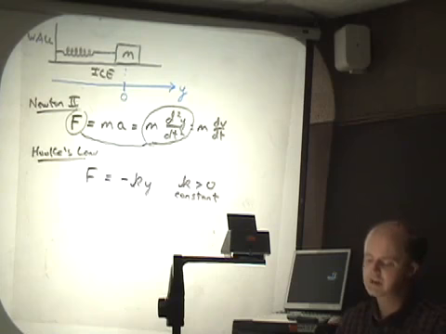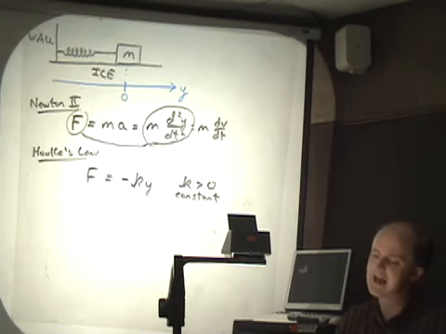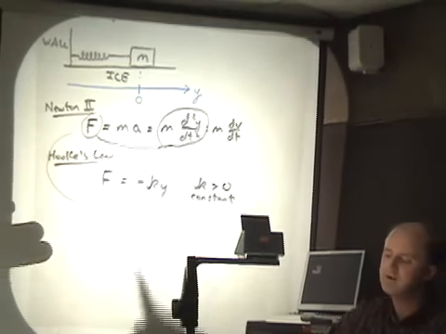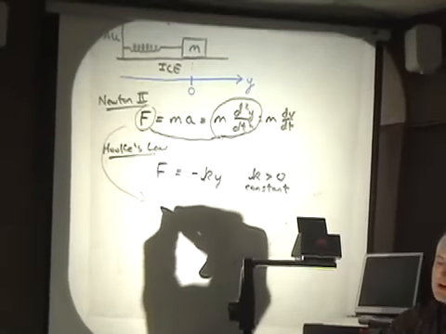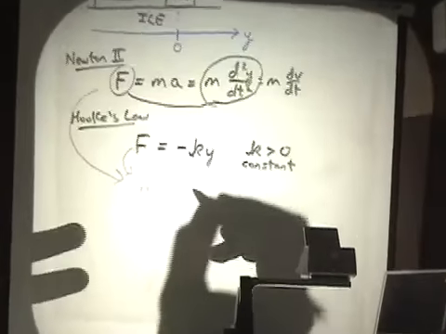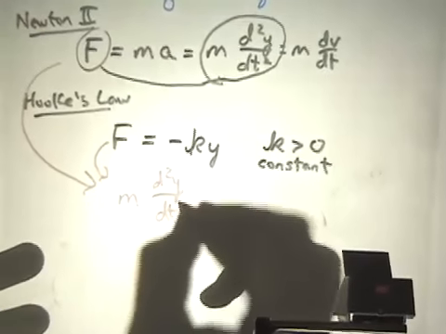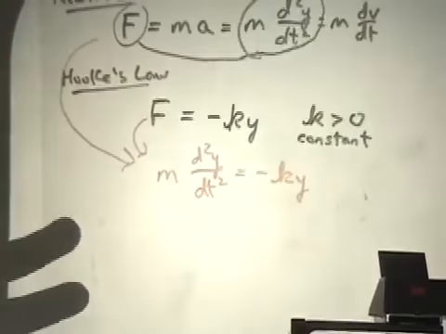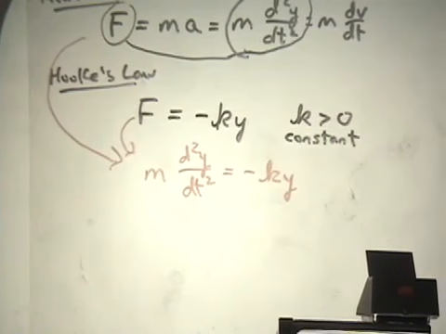So what we do now is we combine these two facts, these two models in a sense, and equate those forces to get the following equation. M times the second derivative of y with respect to t, the acceleration, equals negative ky. And what we realize here is that since y is a function of t, we really have a differential equation.